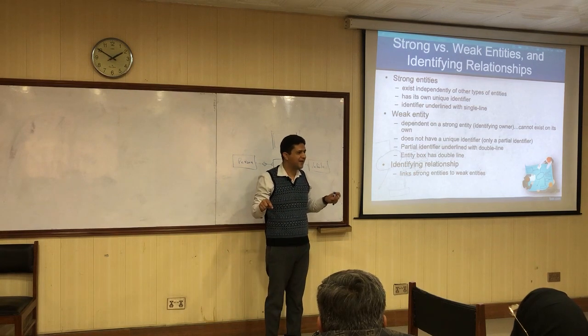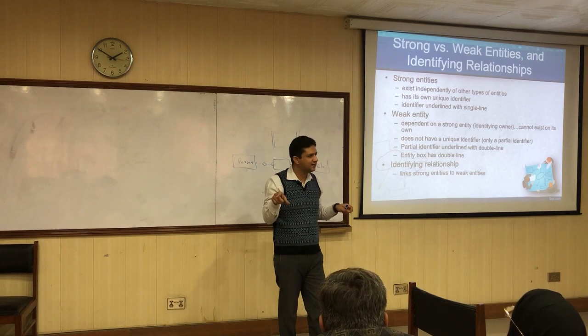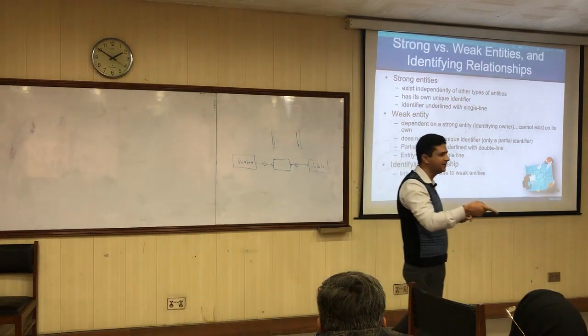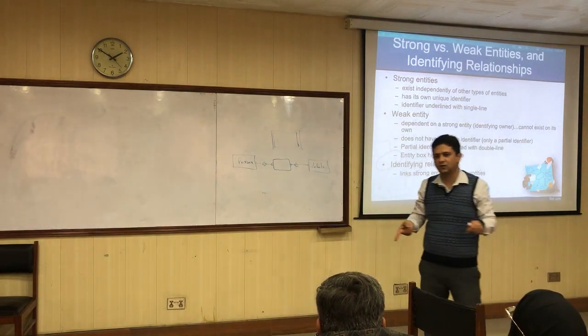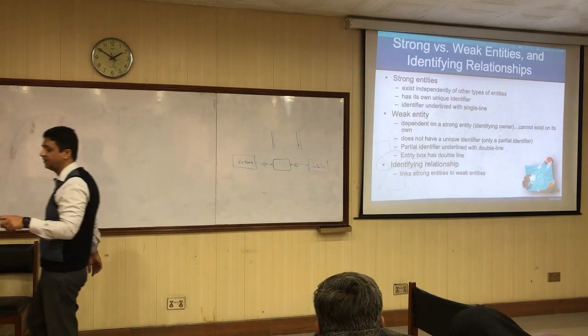What is that? An identifying relationship. Why? Because the instance of a weak entity is identified with the help of that relationship, right? So that relationship is referred to as an identifying relationship.